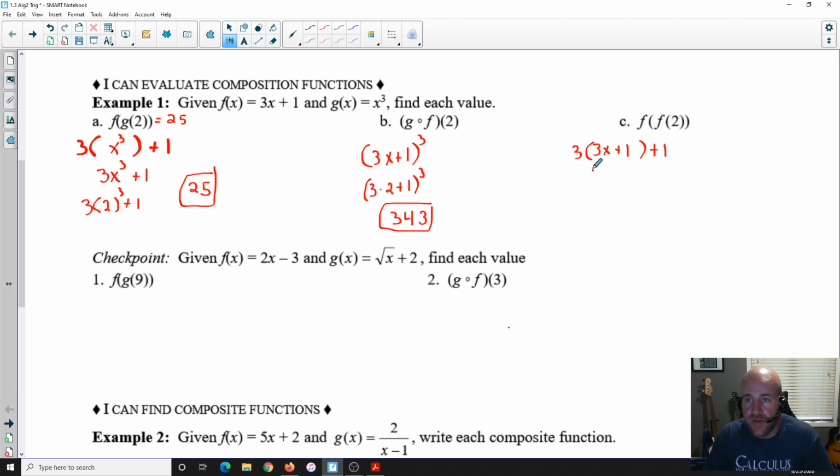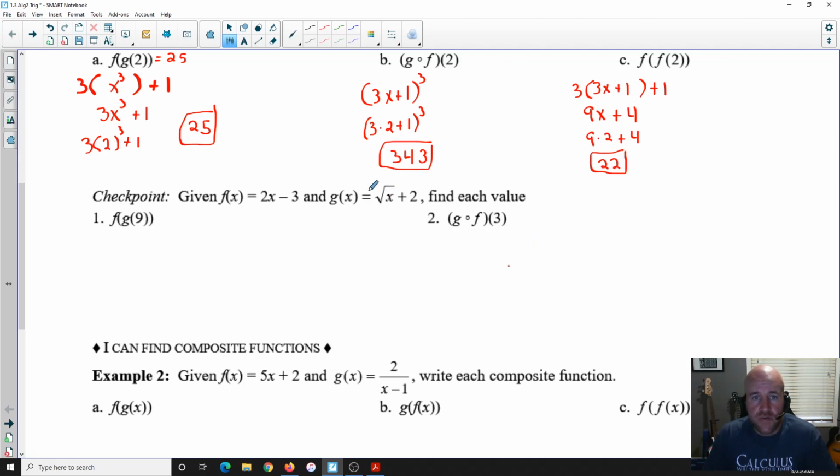So we could simplify this to 9x. 3 times 1 is 3, plus 1, that would give us a positive 4. And now we can go ahead and evaluate it at 2. So 9 times 2 plus 4. So 9 times 2 is 18, plus 4 is 22. And there's our answer.